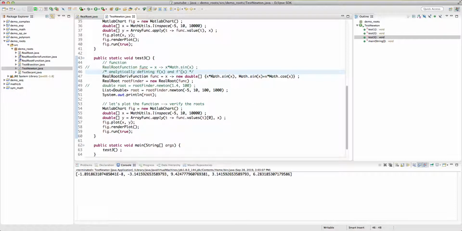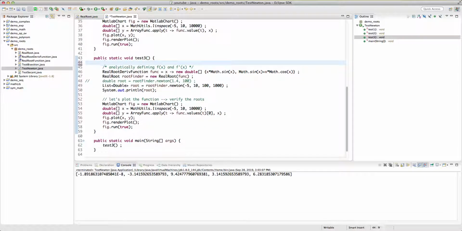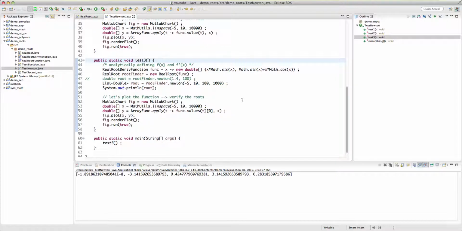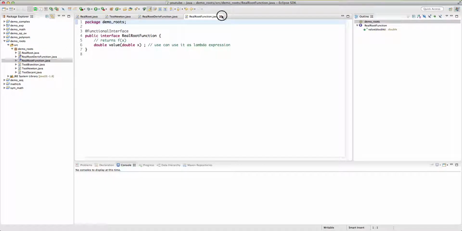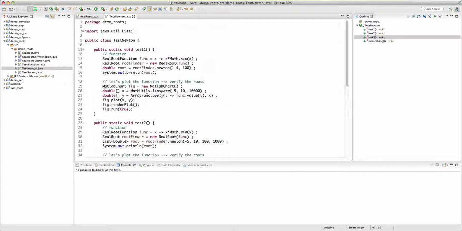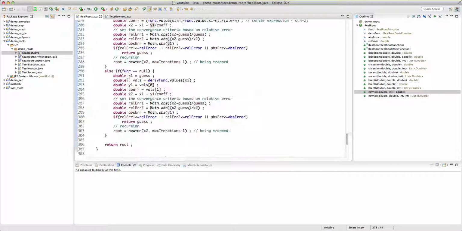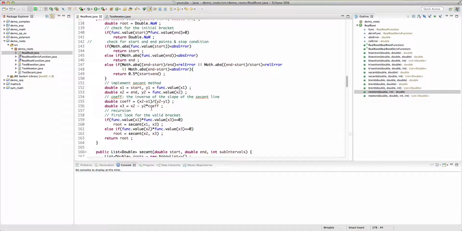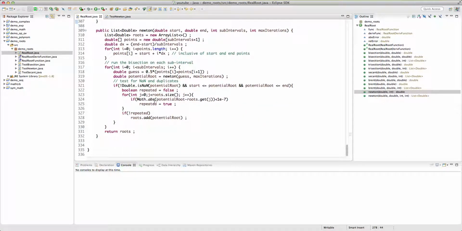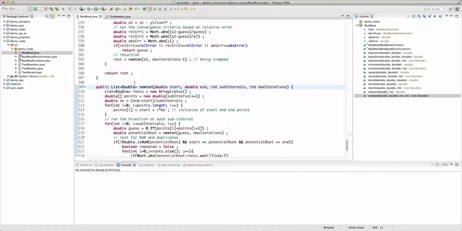So sometimes this is a better option than trying to numerically estimate the derivative. Okay, so we can use either of these. For the previous methods like the Brent method or the secant or the bisection, we really didn't have any need for the first derivative or the second derivative.